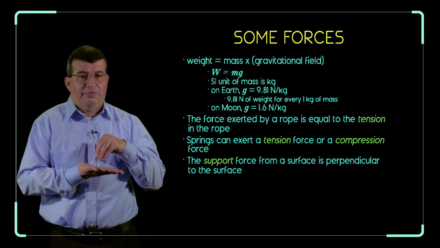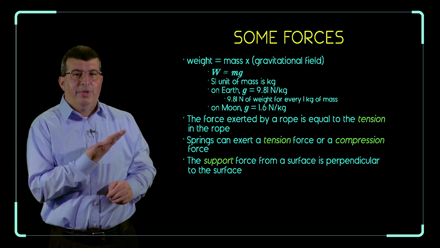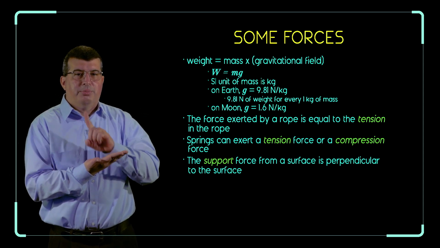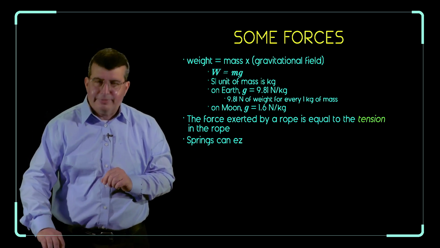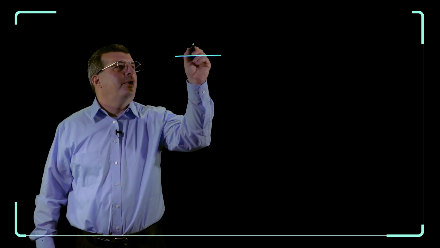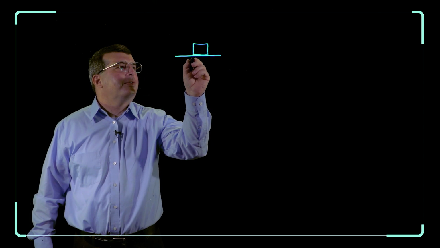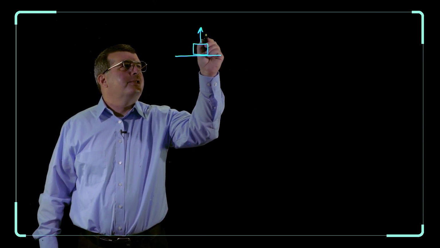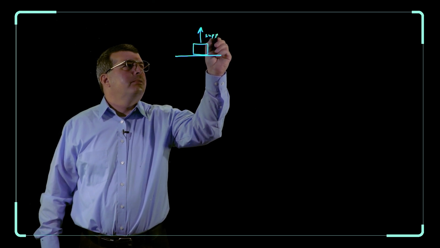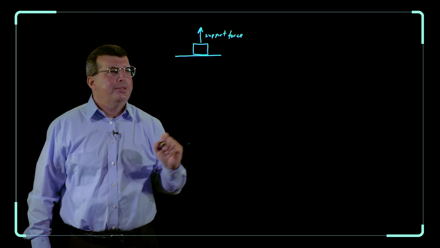So if the surface is flat and level, then the support force will be up. But if we have a ramp, for example, then the support force will be at an angle. Let me draw you some pictures of that. Okay, so here I have an object on a level surface, a flat level surface. And in that case, the support force will be upwards.